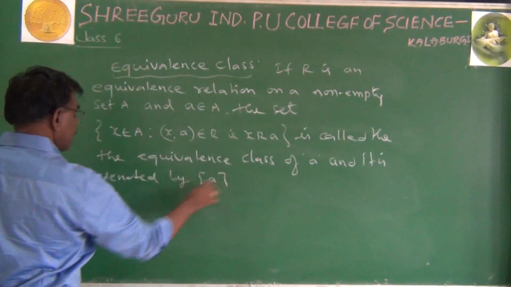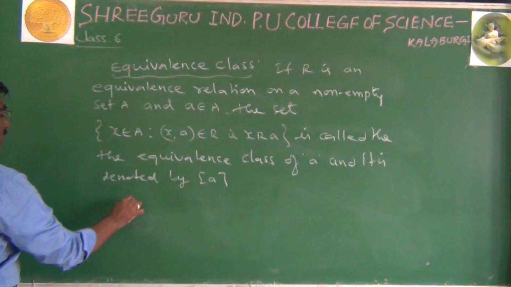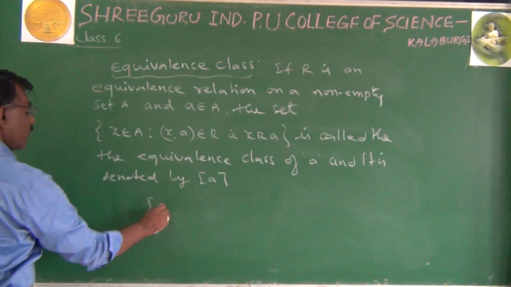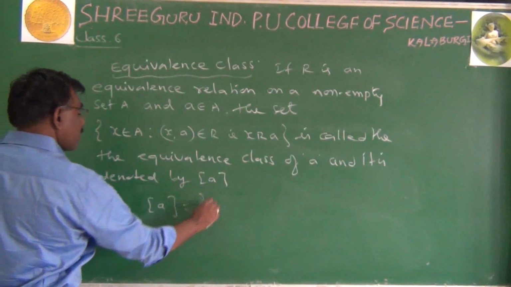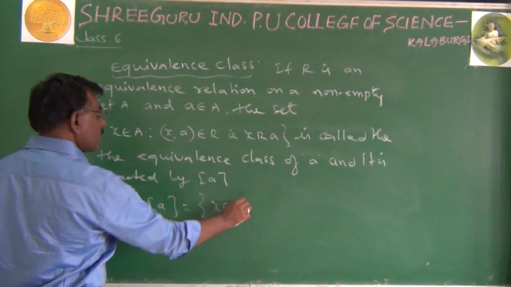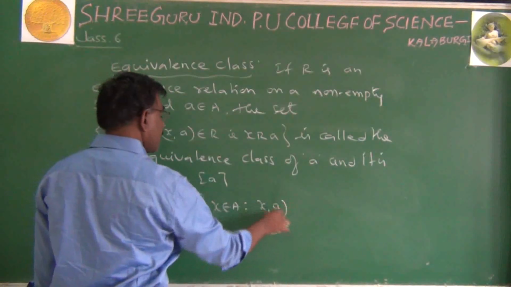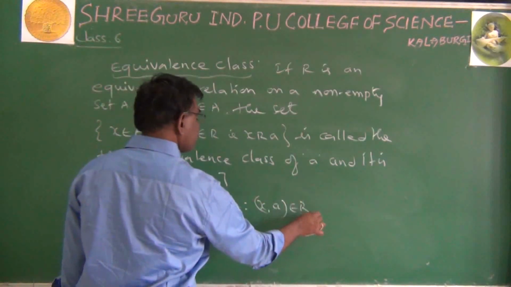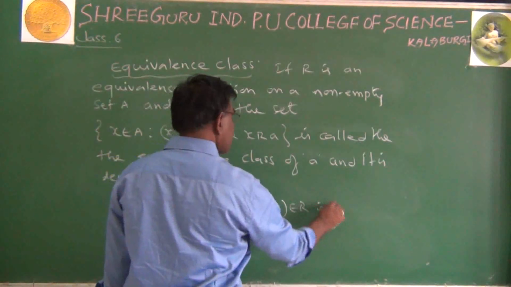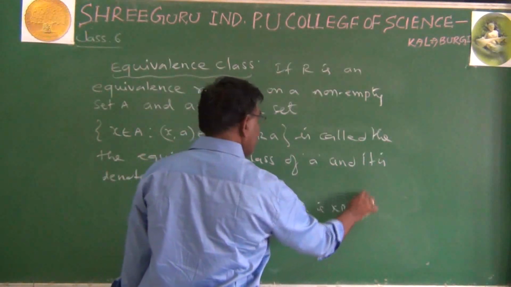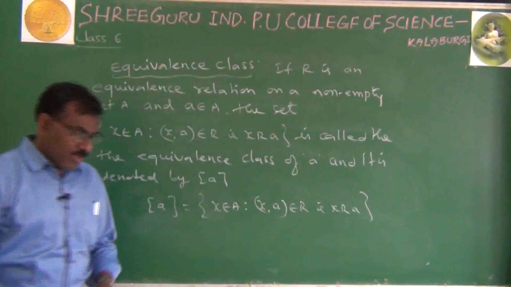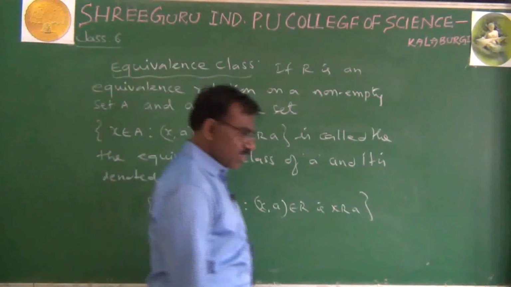Now, equivalence class of a is {x belongs to A such that (x, a) belongs to R}. What is this? That is x related to a. So this is the definition of equivalence class.